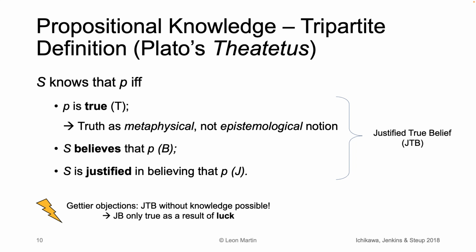In fact, this justified true belief analysis was attacked pretty early, because there are some cases in which it's not sufficient to have only those three conditions, which have been formalized in some cases by Edmund Gettier.